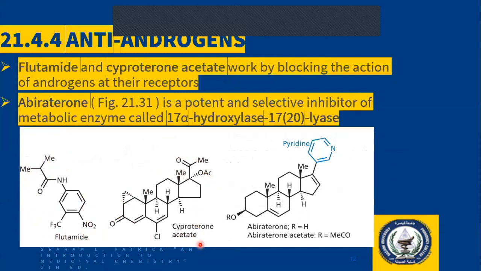They work by blocking the action of androgens at their receptor, just like the anti-estrogen. The abiraterone, the structure of the abiraterone, is a potent and selective inhibitor of a metabolic enzyme.